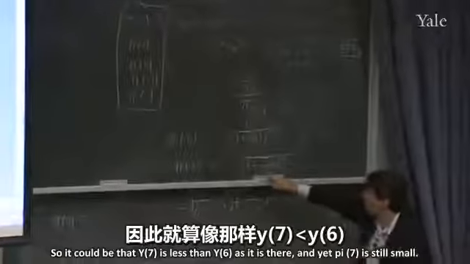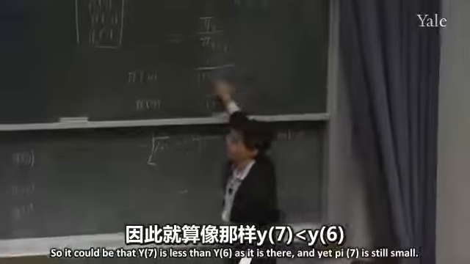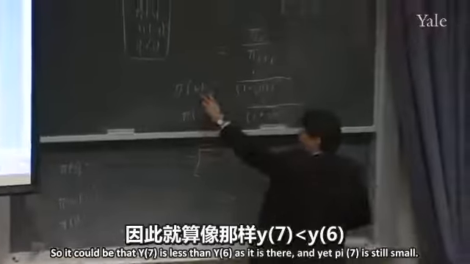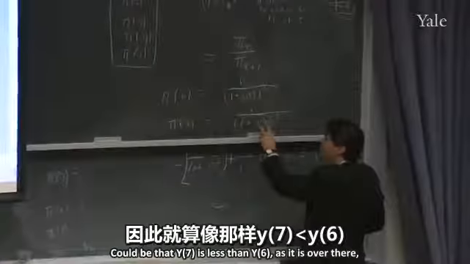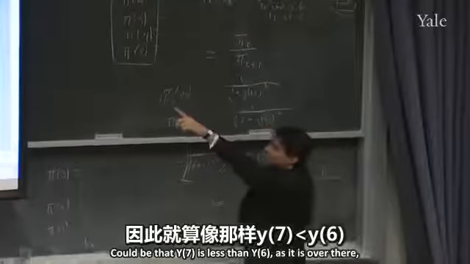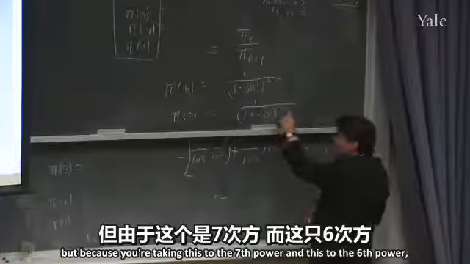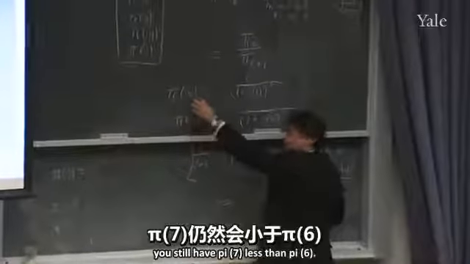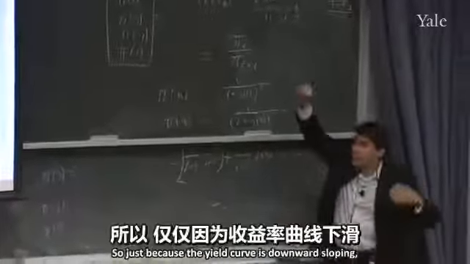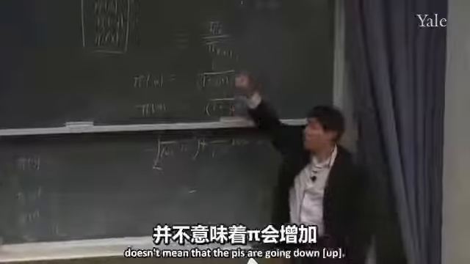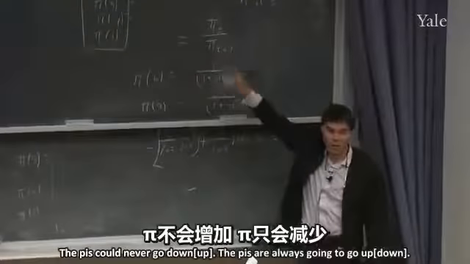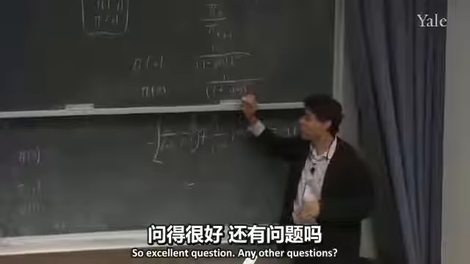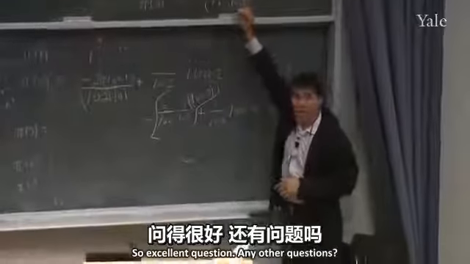So it could be that y7 is less than y6, and yet, because you're taking this to the 7th power and this to the 6th power, you still have pi 7 less than pi 6. So just because the yield curve is downward sloping doesn't mean that the pi's are going down. The pi's could never go up. The pi's are always going to go down. Okay, so excellent question. Any other questions?